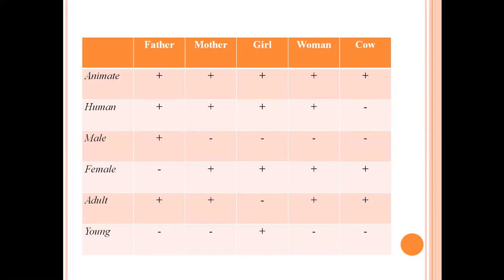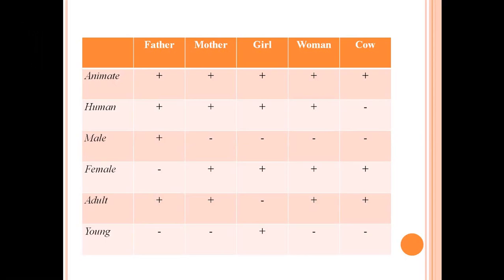However, there are some problems with semantic features, because you cannot show the semantic properties of all words in this way, especially abstract nouns and inanimate objects.